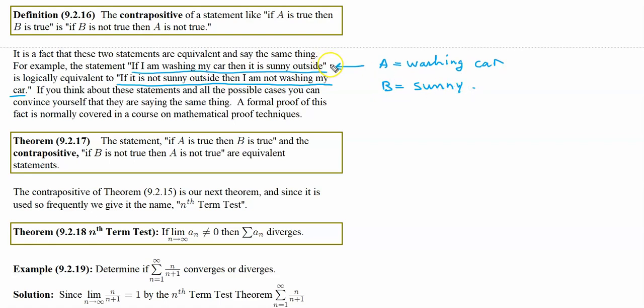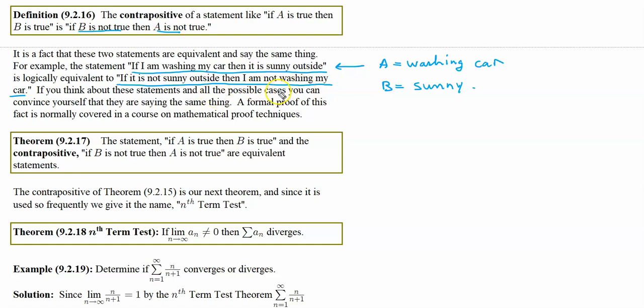So this is the statement, if A, then B. If I am washing my car, then it is sunny outside. So this is your A statement, and this is your B statement. Now, the contrapositive of that is to say that if it is not sunny outside, so you see that's B is not true, then I am not washing my car. So A is not true.